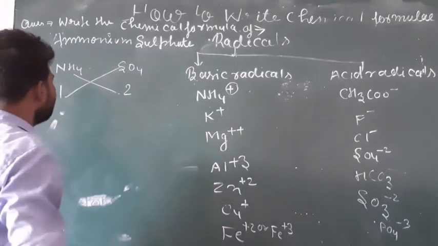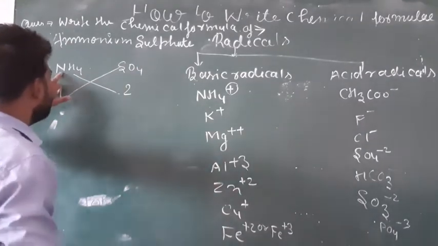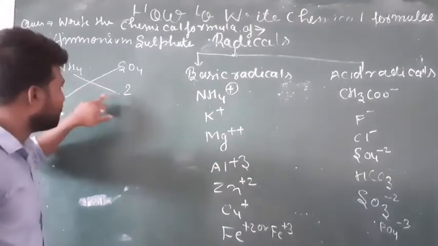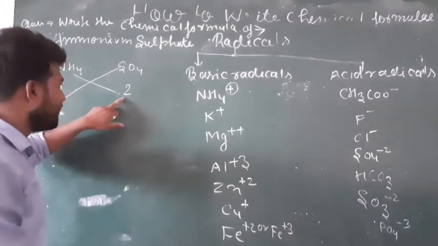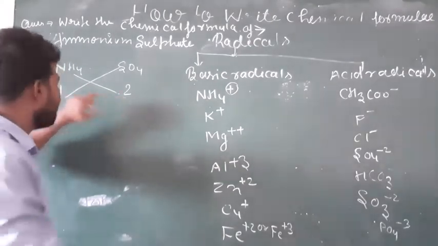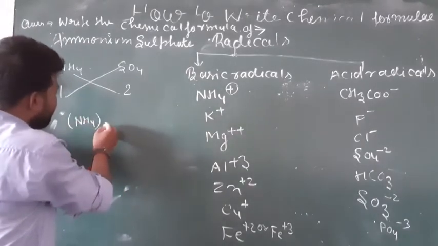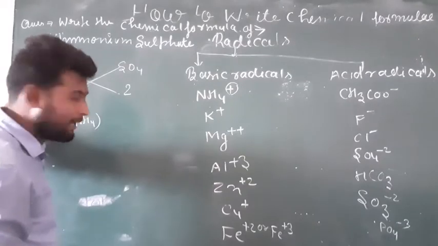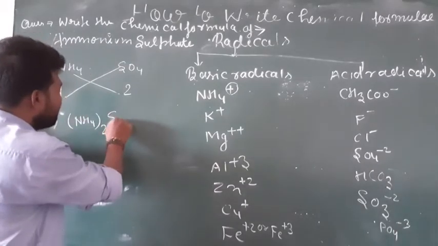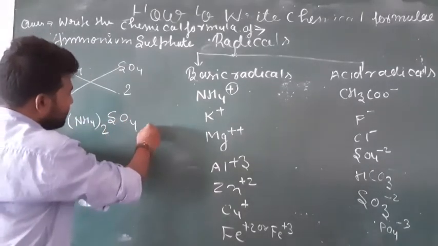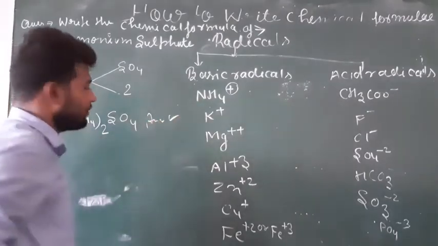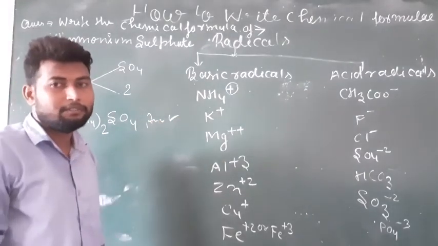When you interchange, ammonium comes how many times? 2 times, more than 1 time. If a radical is more than 1 time, you enclose it with brackets. So (NH4)2SO4 is the chemical formula of ammonium sulfate.